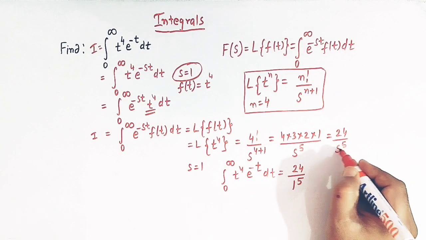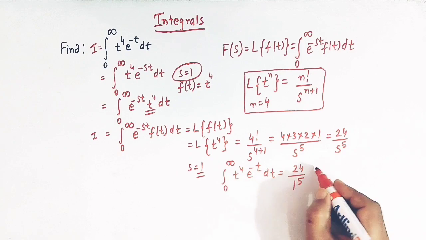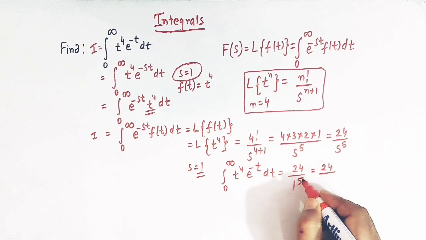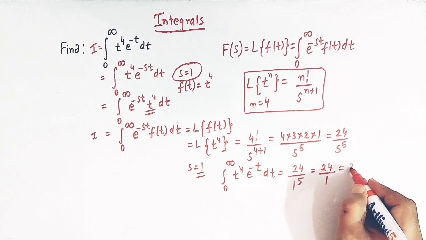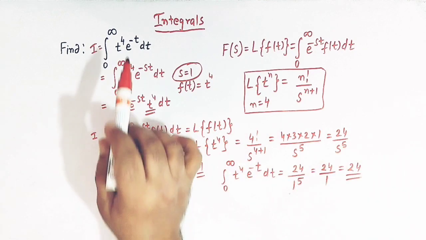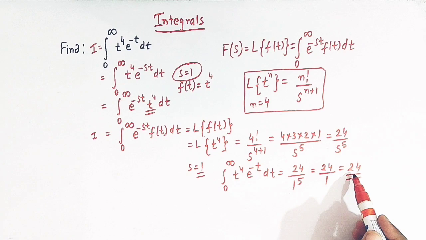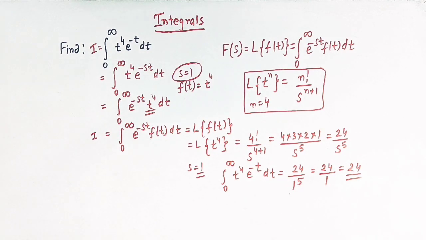Here we are replacing s by 1. 1 raised to 5 is 1, so this is simply 24. So the value of this integral is equal to 24. Viewers, this is how, by making use of the concept of Laplace transform, we can solve these types of integrals. This is a very nice application of Laplace transform.